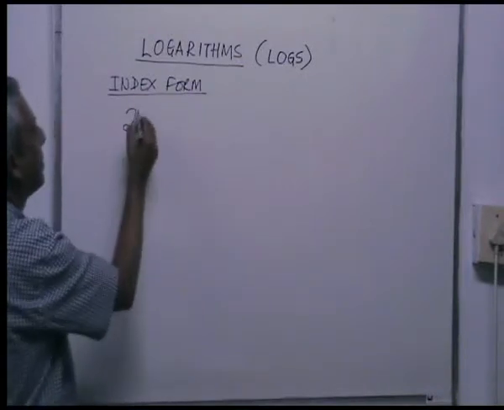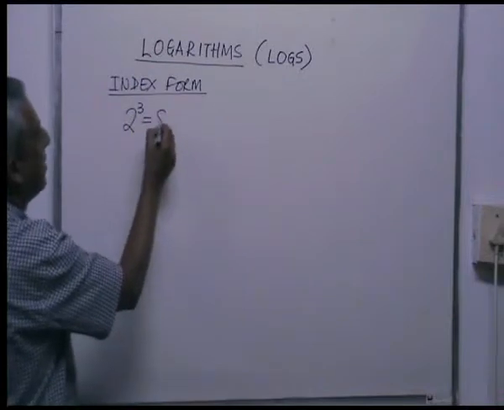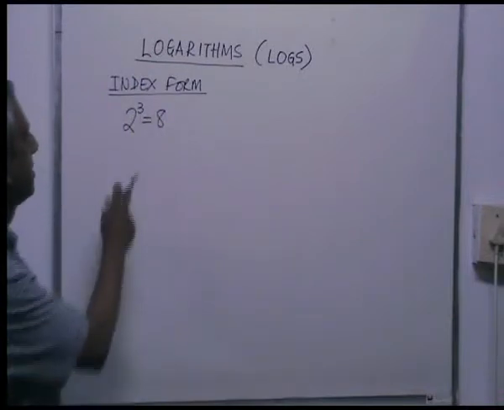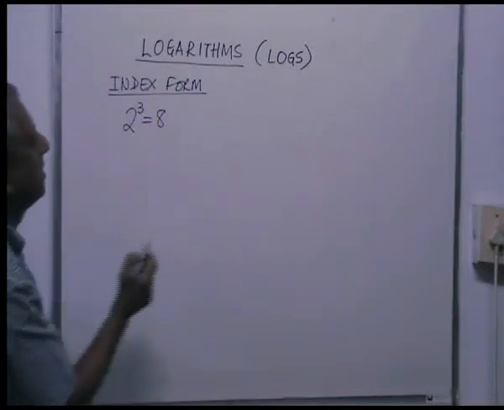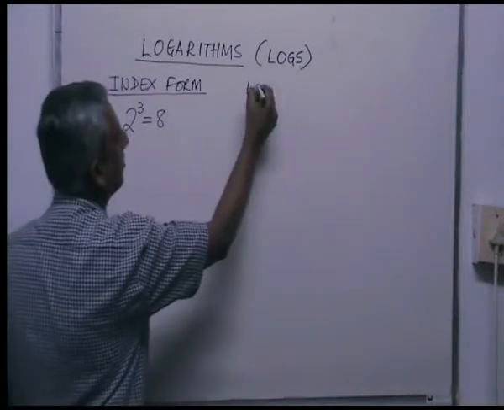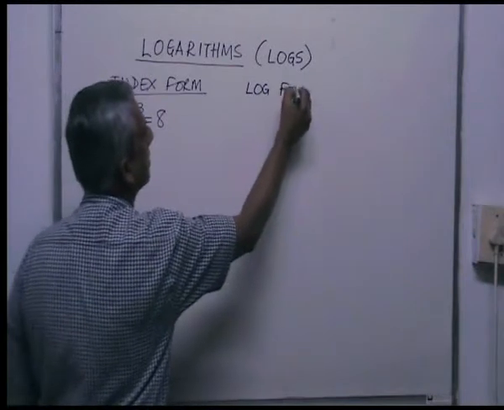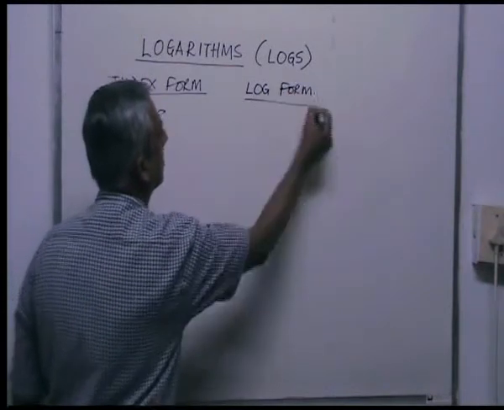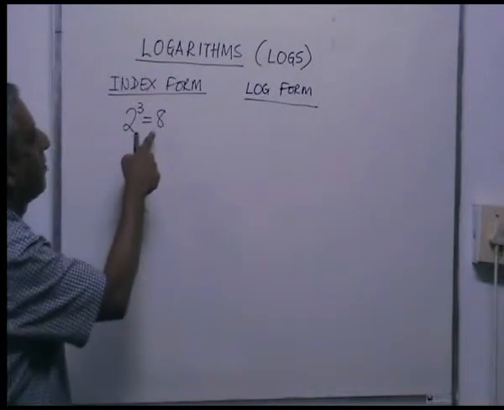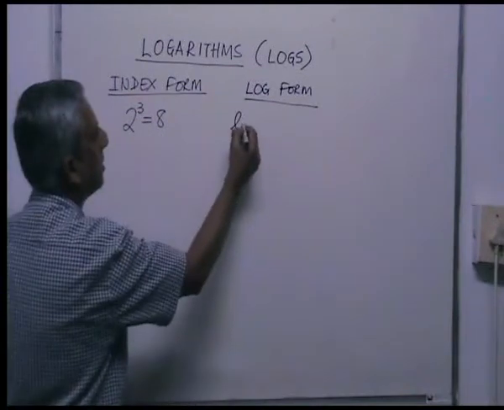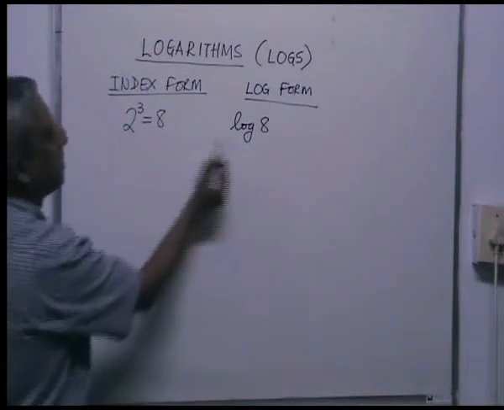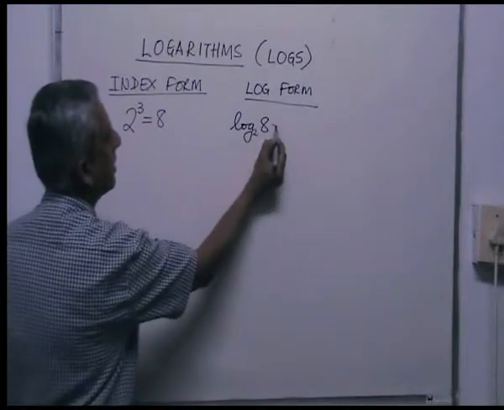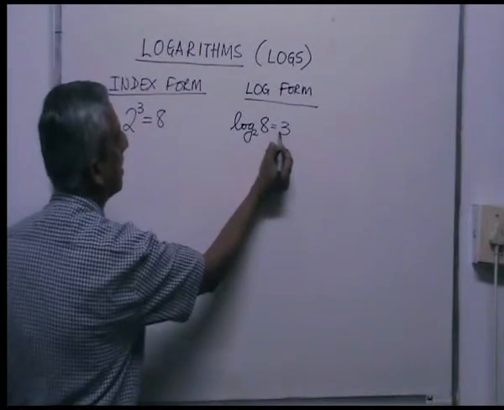Let us take something like 2 cubed is equal to 8. So this is in index form. Now the same thing can be written in log form. So we say that the log of 8 to the base 2 is equal to 3.